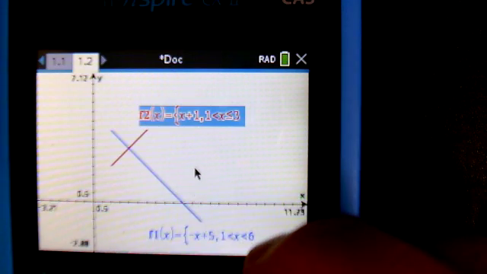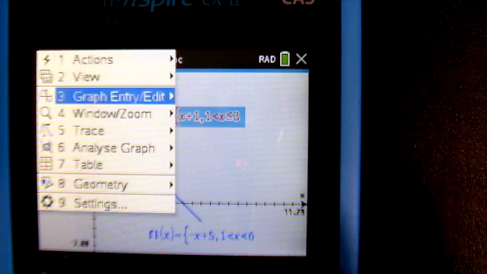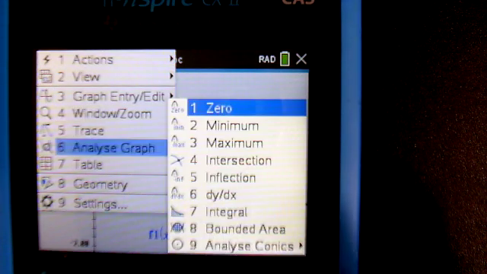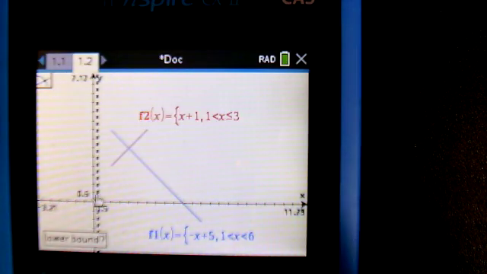Now the last part that it asks me to do is to find the intersection. So to do that, I need to use my menu, Analyze Graph, Intersection. You'll notice down the bottom here it asks for the lower bound.